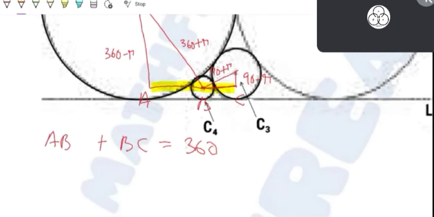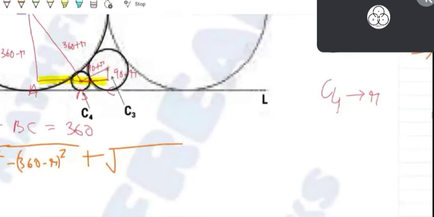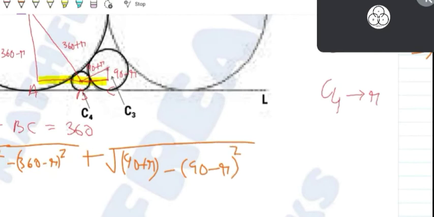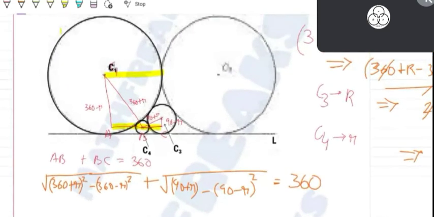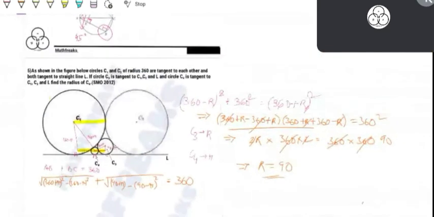Let us find out AB using Pythagoras theorem. 360 plus r whole square minus 360 minus r whole square, square root, plus BC, 90 plus r whole square minus 90 minus r whole square, which is equal to the total length 360. Just go through the steps once if you want to understand.